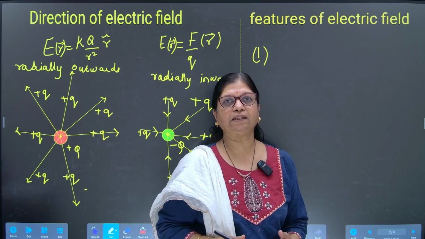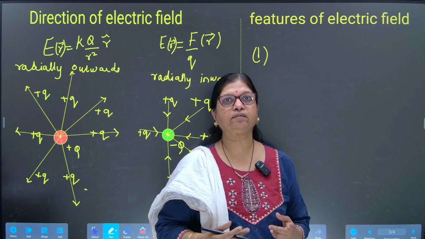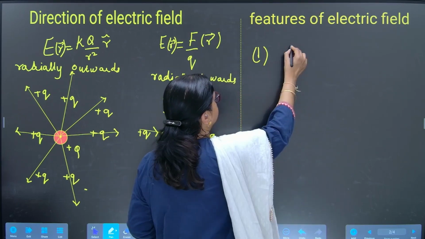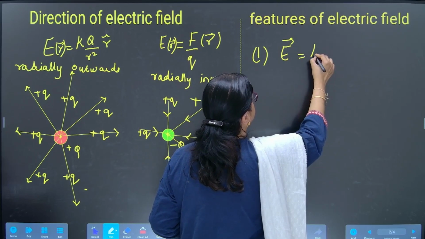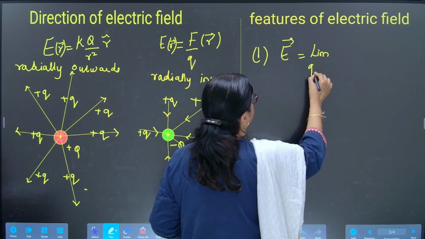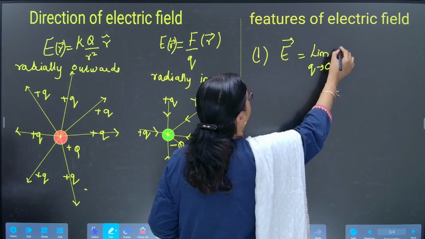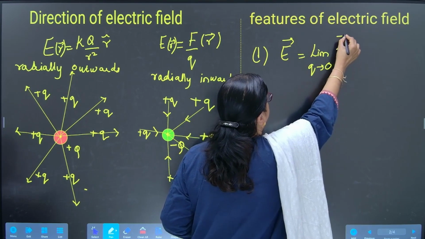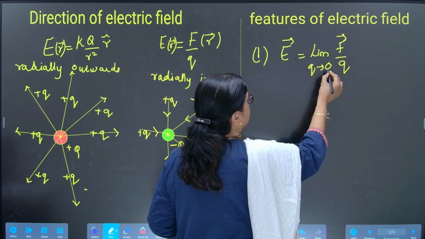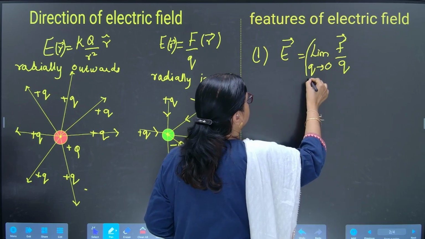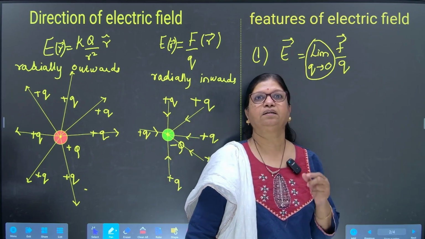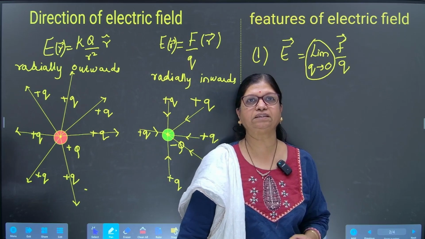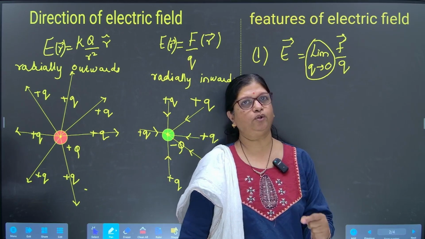Now, sometimes the formula of electric field is also written as electric field vector is equal to limit q tends to 0 of vector F upon Q. Now here you can see limit Q tends to 0 means the value of the test charge is very small but not 0.